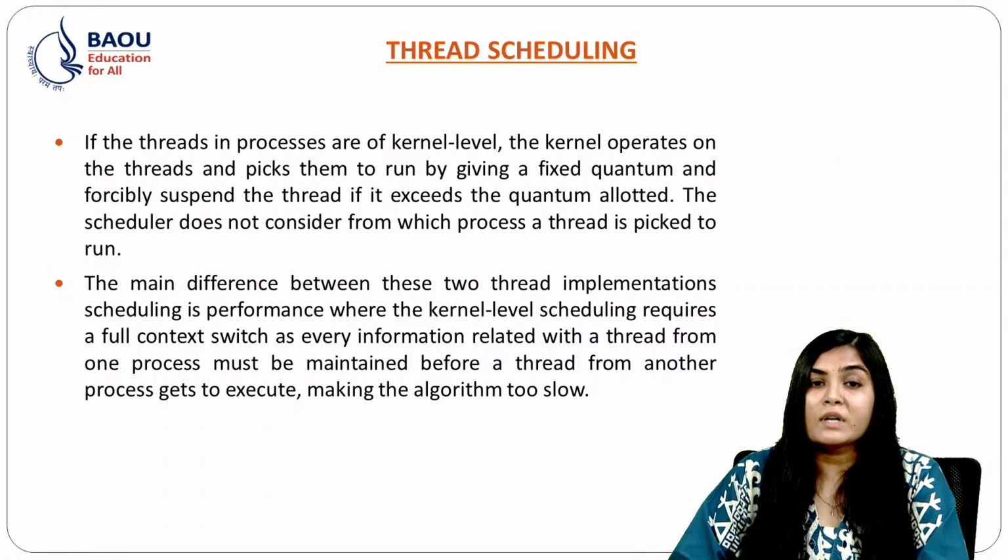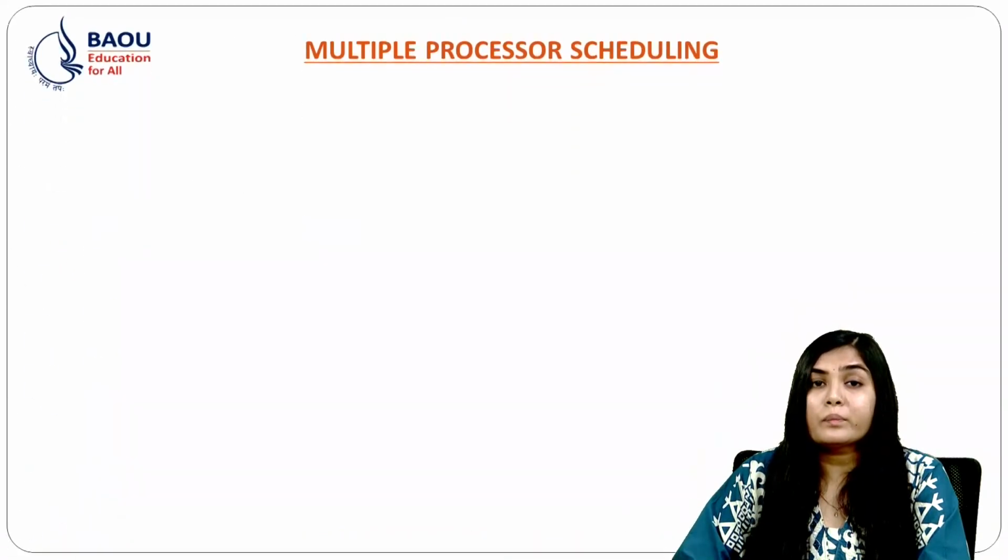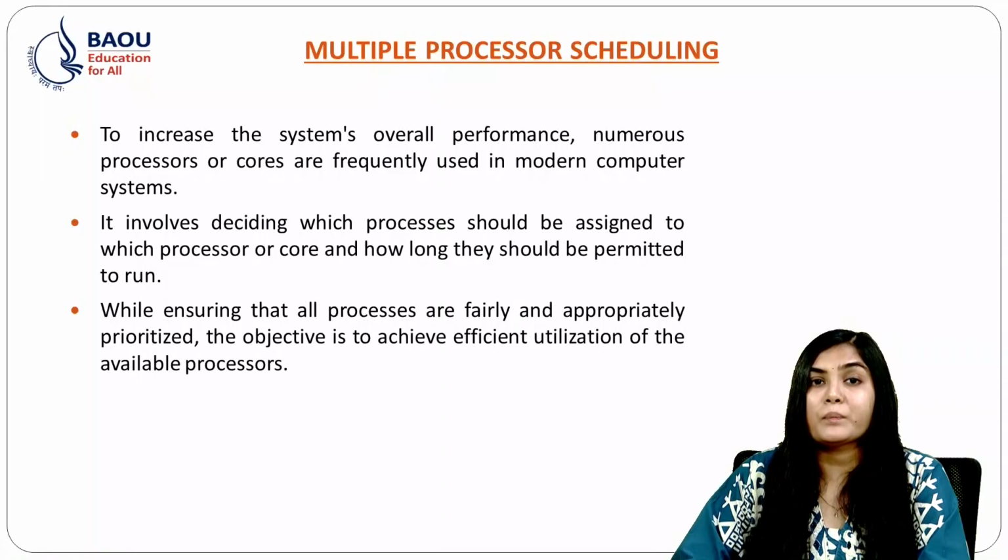Here the main difference between these two thread implementations in scheduling is performance, where the kernel level scheduling requires a full context switch, as every information related with a thread from one process must be maintained before a thread from another process gets to execute, making the algorithm too slow. So in the next slide we will see what is multiple processor scheduling.